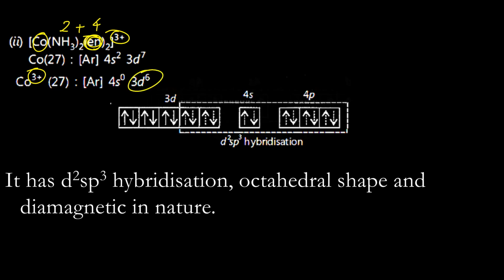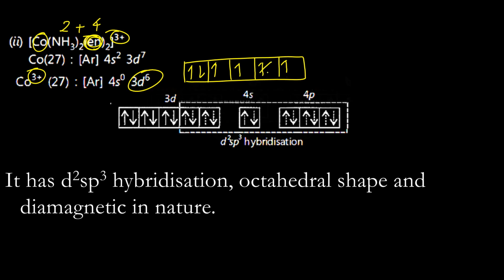The configuration of 3d6 will be like this. Due to presence of en, a strong field ligand, and NH3 is also a strong field ligand, pairing will take place.